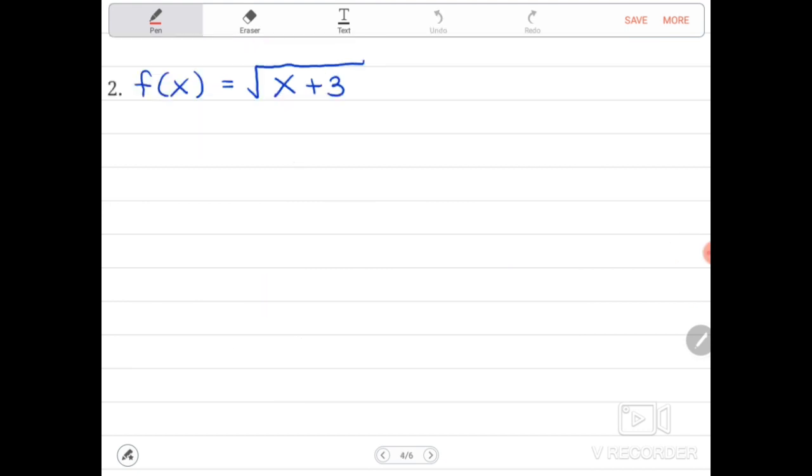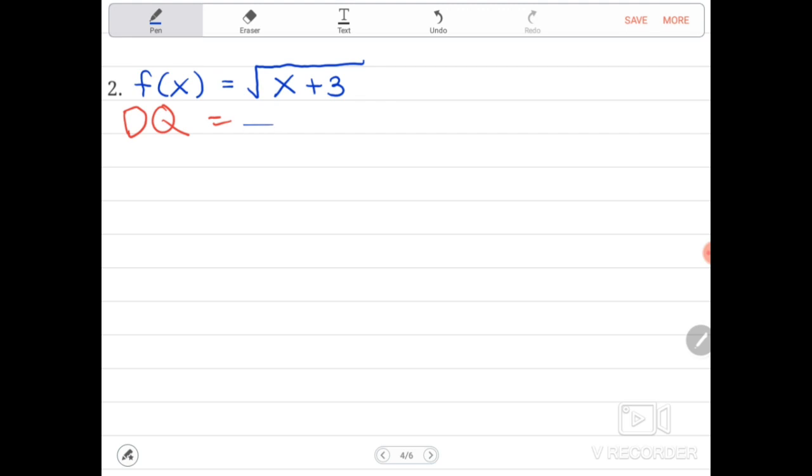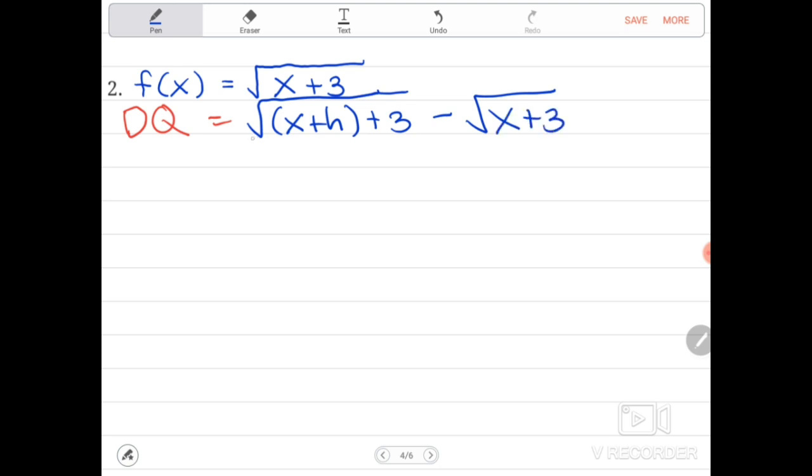Next, number 2. Let us try to find the difference quotient of f of x is equal to square root of x plus 3. Okay, so for our difference quotient, we will be having square root of x plus h plus 3 minus square root of x plus 3, all over h.